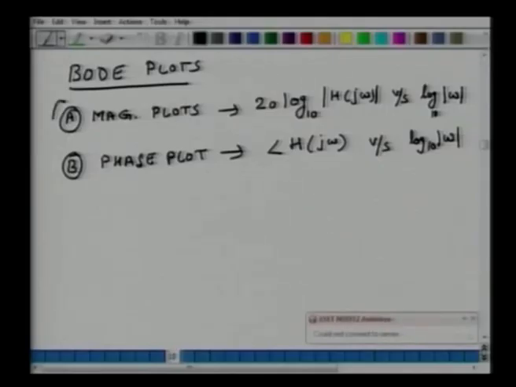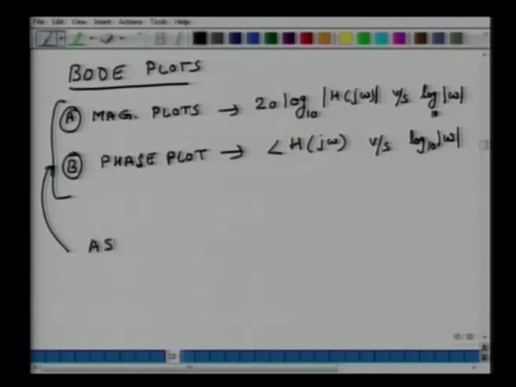And these plots are basically plotted in such a way that we have asymptotic representations.